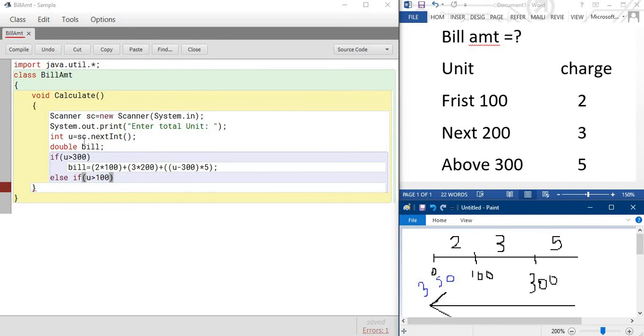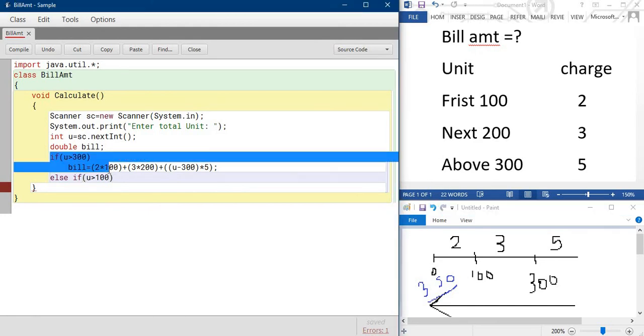But once you enter inside any if statement, it will not allow you to move to the next if statement, whether it is true or false. Doesn't matter if the next condition is true or false.